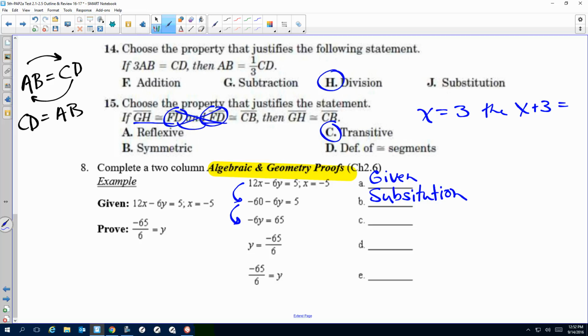From negative 60 minus 6y equals 5, they got negative 6y equals 65. What did they do? Yes, they added the 60 to both sides. And this is the addition property of equality.